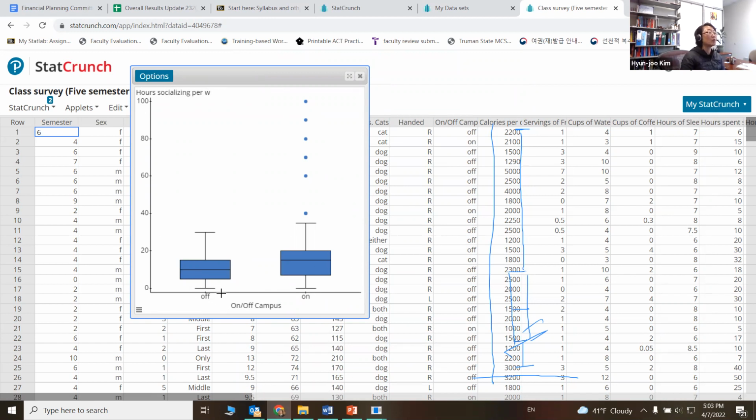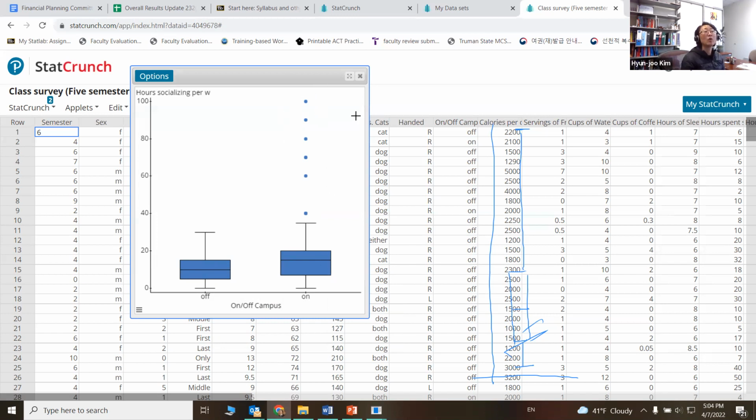These are box plots. Once more, there are whiskers, there's Q1, Q2, Q3, minimum and maximum value, and Q3 minus Q1 is the interquartile range. So all of this kind of makes sense. You can see that the on-campus students have a larger median value, so they spend more time socializing. Also, you notice that there are a whole bunch of dots, right?